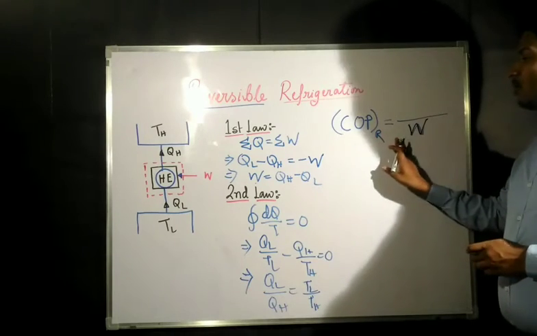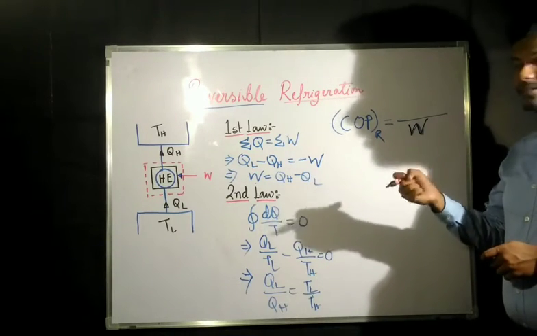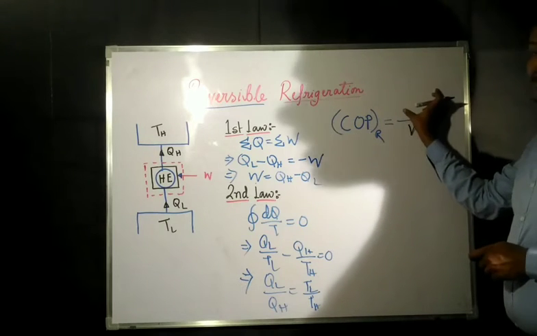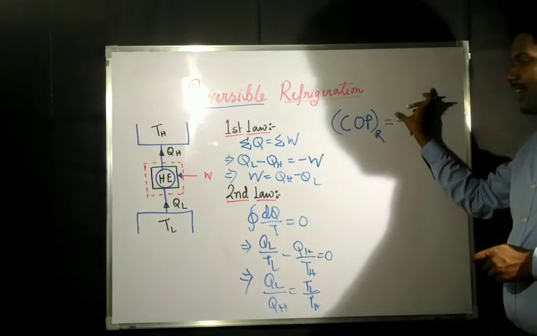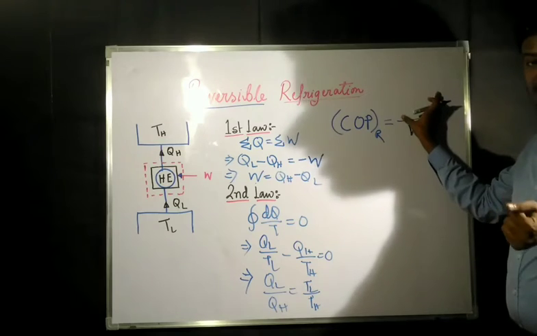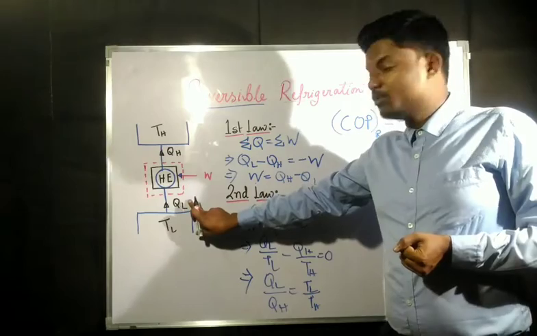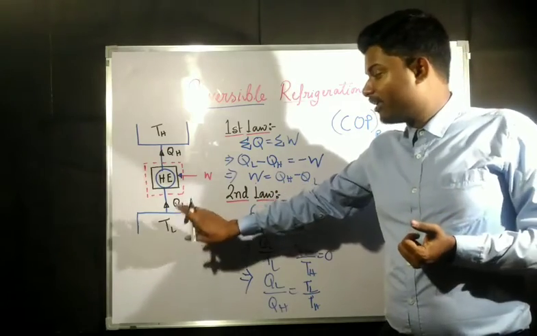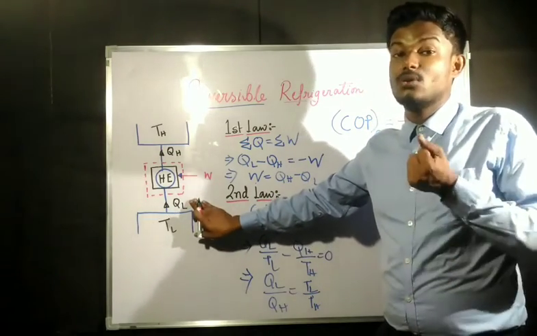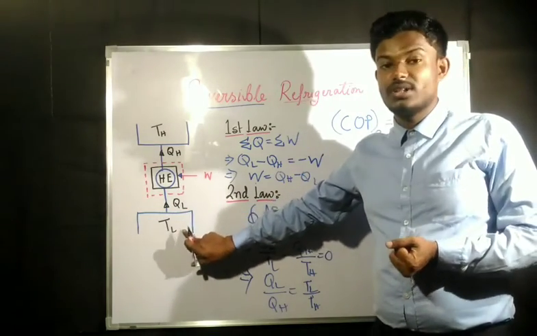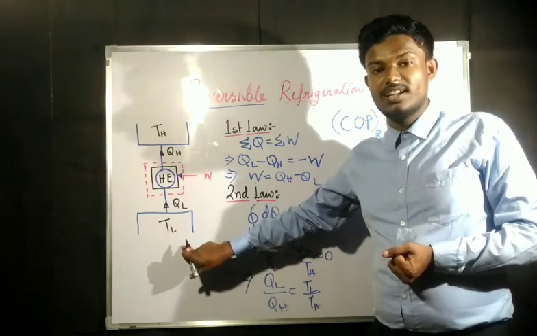Now, to get the coefficient of performance, we need to write the desired effect, whatever heat we need out of the system. For refrigeration, we desire to take this amount of heat from the space so that it can maintain a temperature lower than atmospheric temperature.